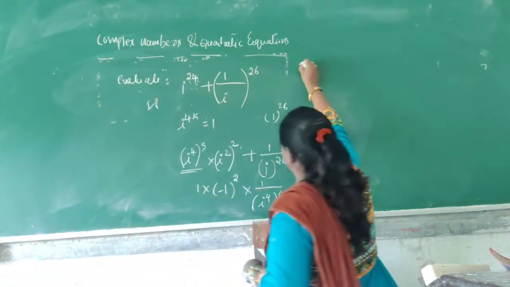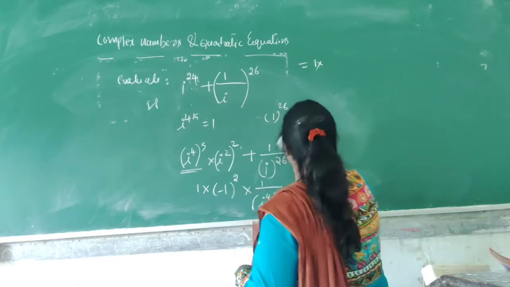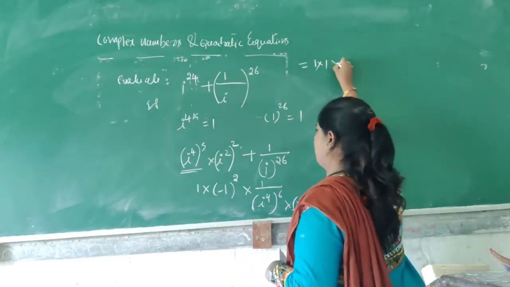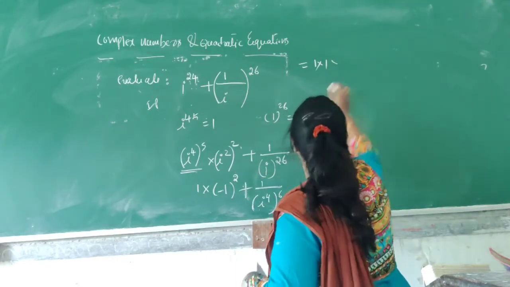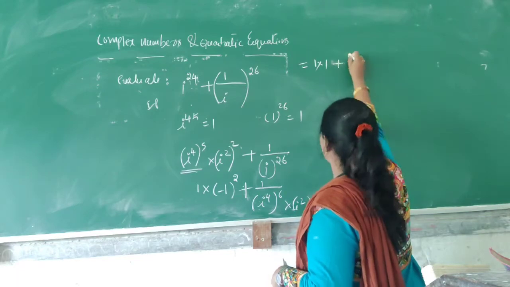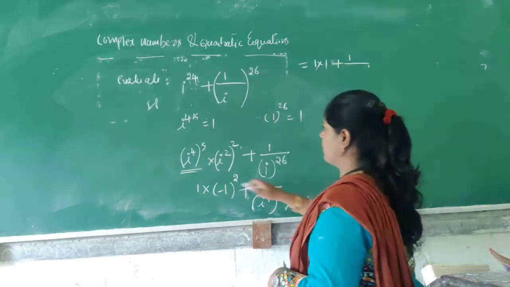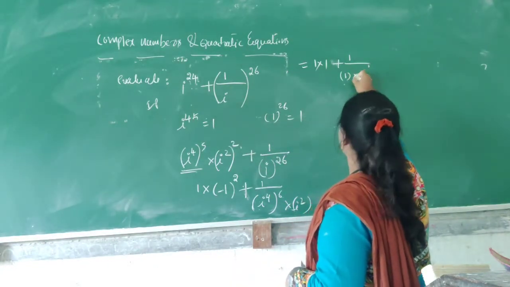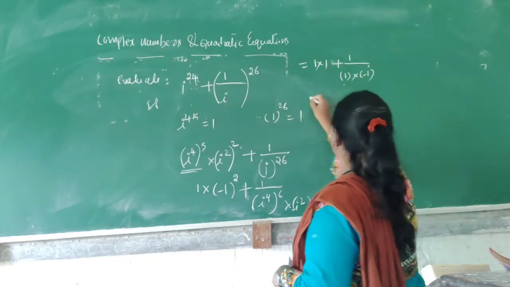So which is equal to 1 into minus 1 whole square, which is equal to 1 only, plus 1 divided by i raised to the power 26. We can use this formula: 1 into i square, and i square is equal to minus 1.